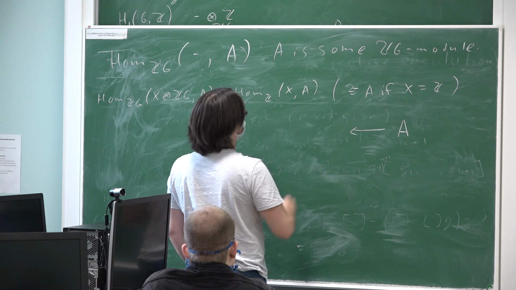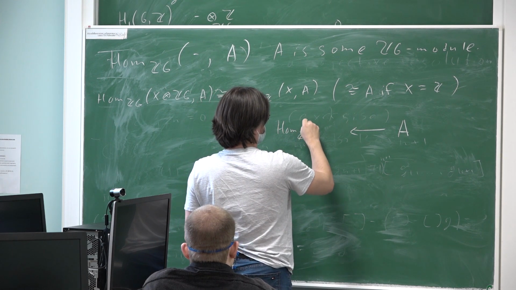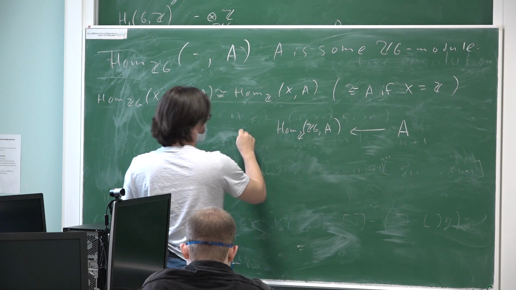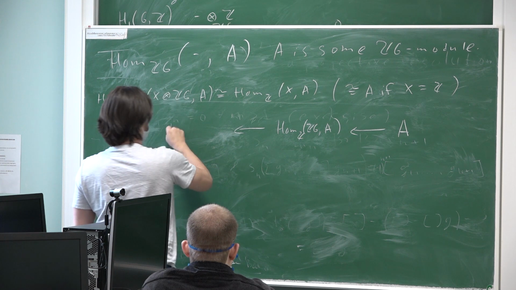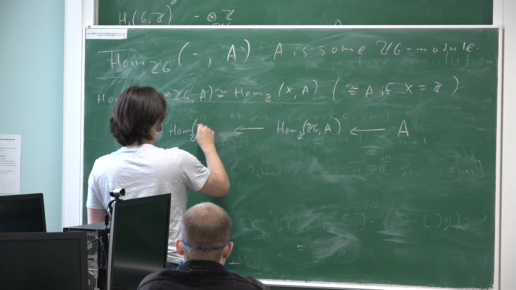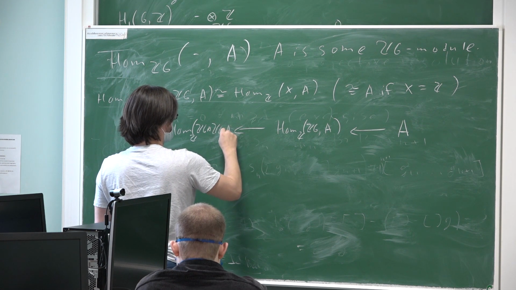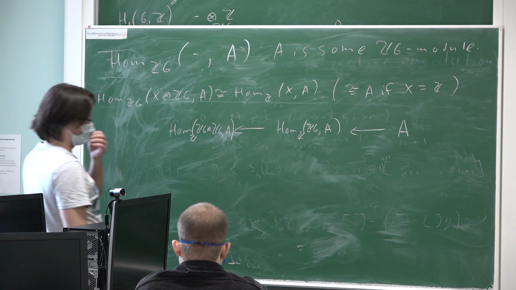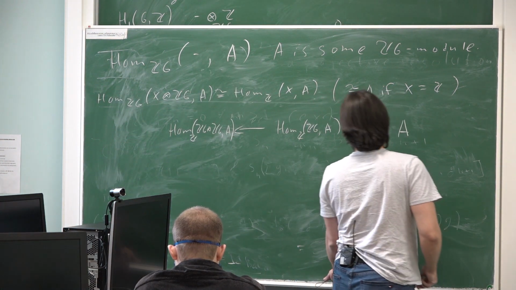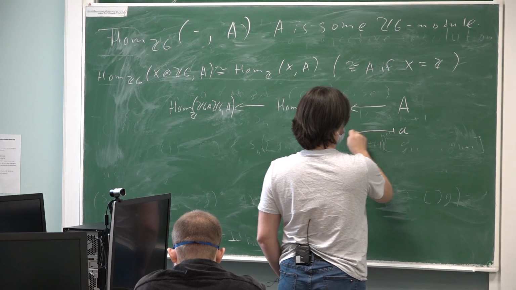So here we get Hom over Z from ZG to A, and here we have Hom over Z from ZG tensor ZG to A. Where does A go here?